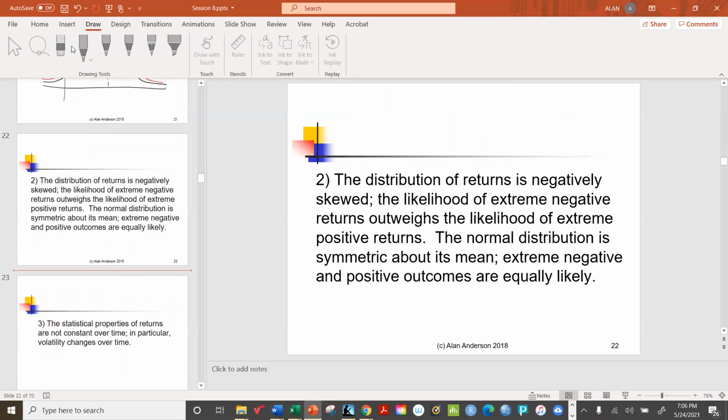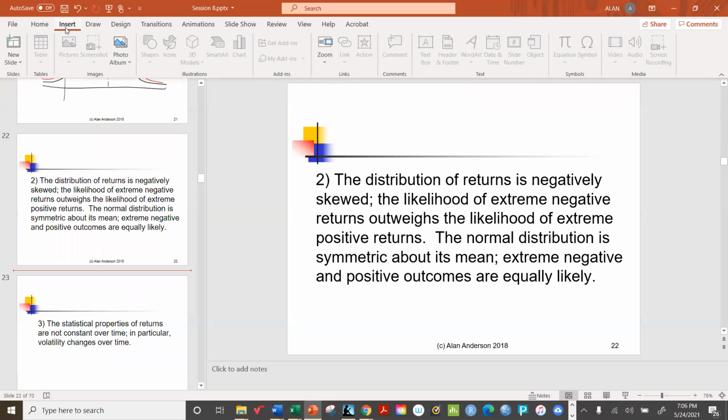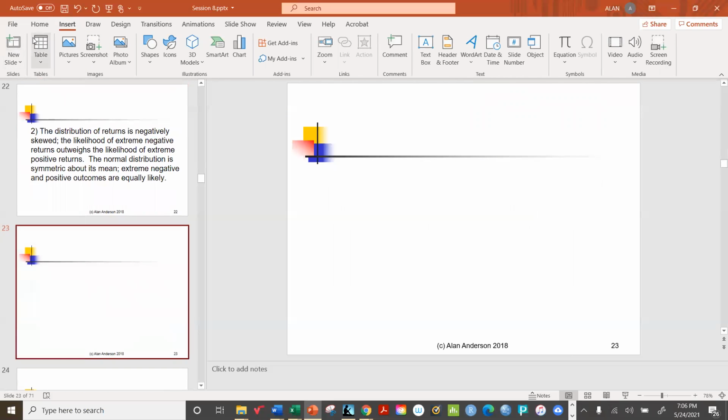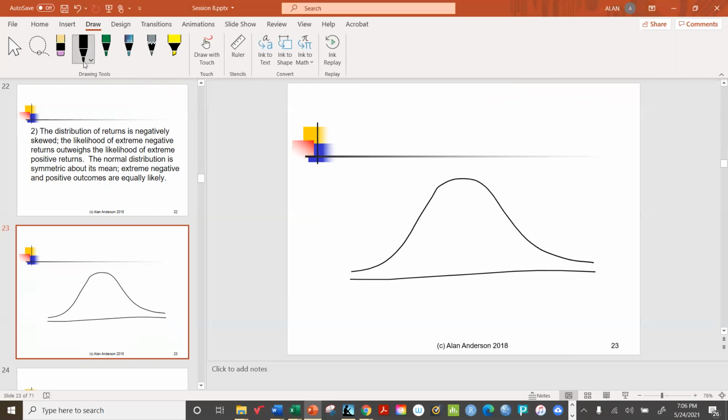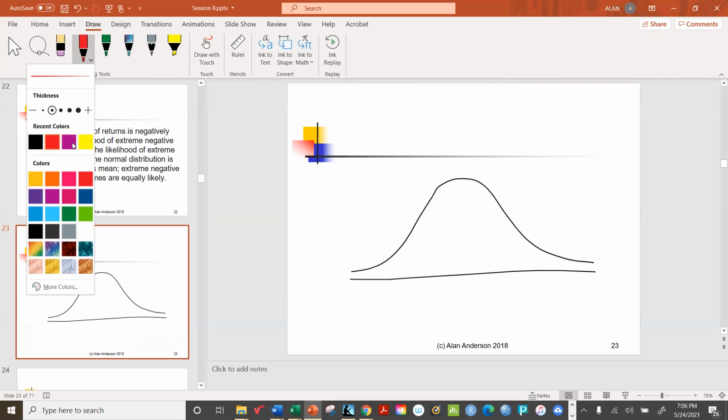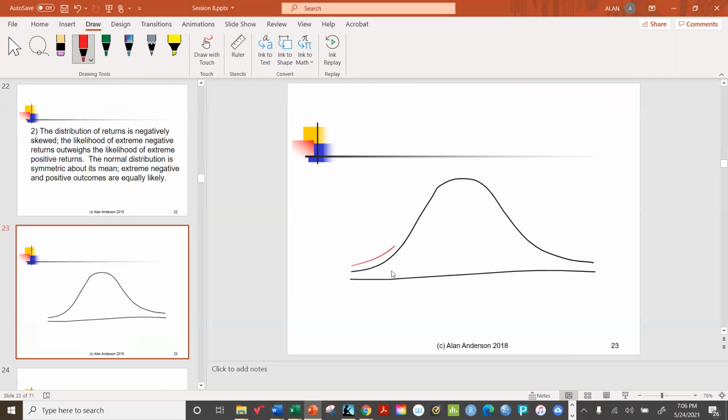is that there's a tendency for the distribution not to be perfectly symmetrical. But there's a slight imbalance in favor of losses.